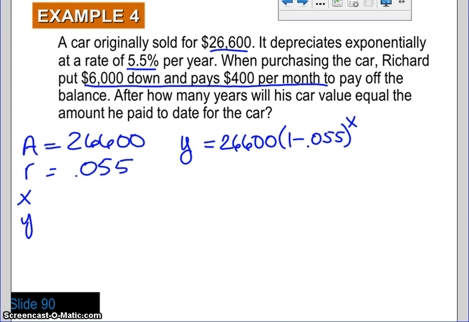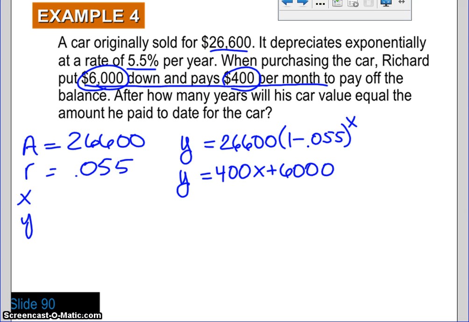So we're going to plug that into our graph. Next thing we need is our expense equation. For that, we know that it was $6,000 down, that's our y-intercept, and $400 a month. So we've got y equals $400 per month plus the $6,000.